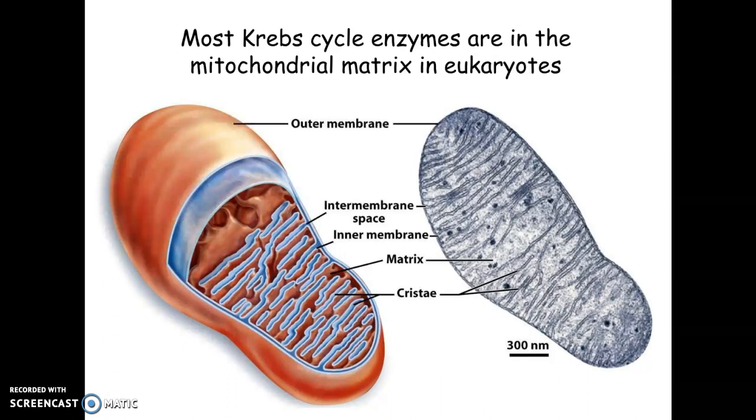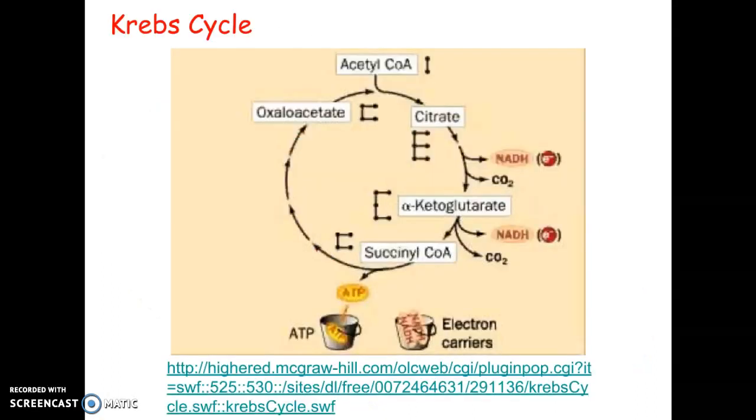The reactions take place inside the inner membrane, in the space we call the matrix. So the citric acid cycle is occurring inside of the matrix, and the electron transport is happening across the inner membrane, pumping hydrogens from the matrix to the intermembrane space between those two membranes.